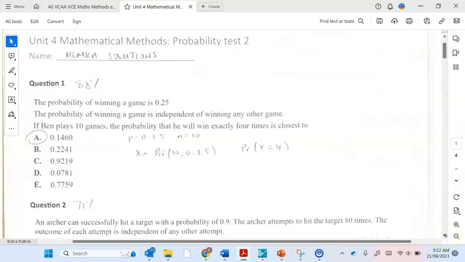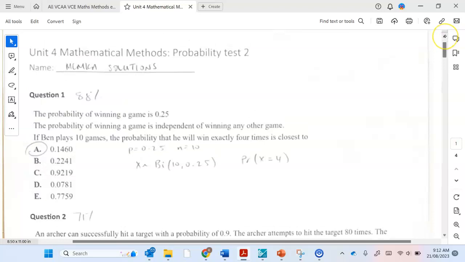Question 1. The probability of winning a game is 0.25, so nice and easy, P is equal to 0.25. The probability of winning a game is independent of winning any other game. In this question, it doesn't actually state that it's binomial, but there are two things that tell us it is binomial.